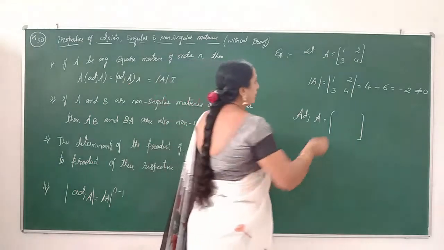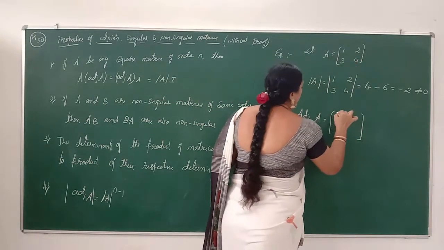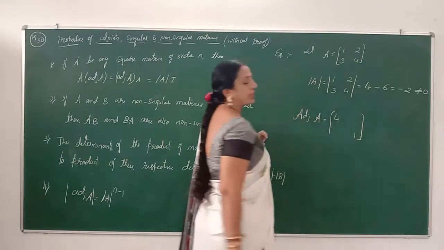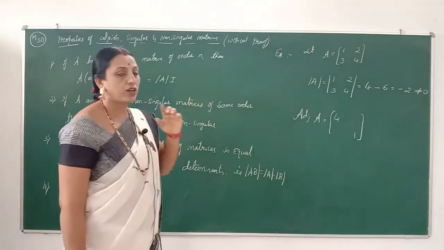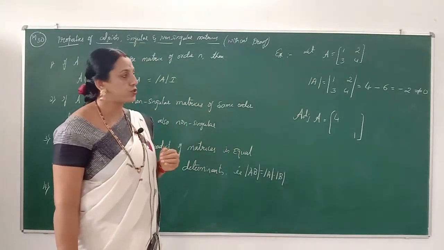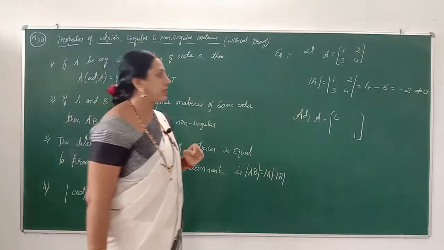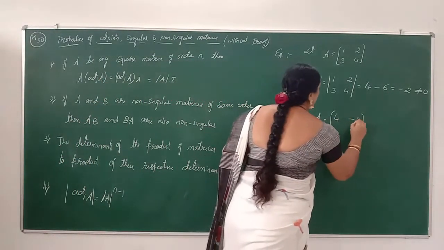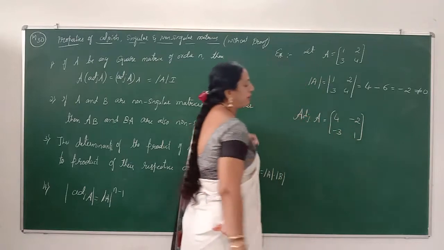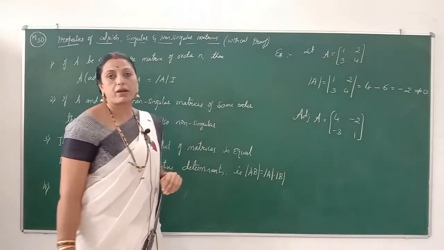So the left diagonal elements 1 and 4 interchange their positions, and the right diagonal elements are multiplied with minus, that is minus 2, minus 3. This is called the adjoint of matrix A.